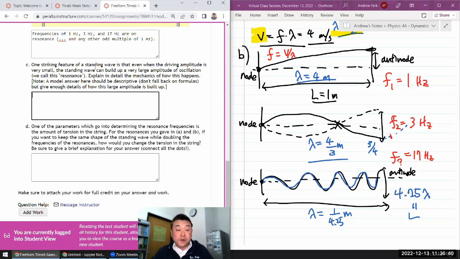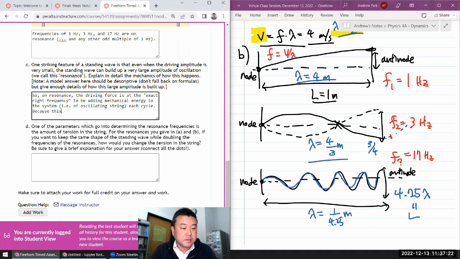So driving amplitude is small, but how do you build up a large amplitude? It's basically building up energy within the medium over many cycles. On resonance, the driving force is at the exact right frequency to be adding mechanical energy to the system of the oscillating string each cycle.